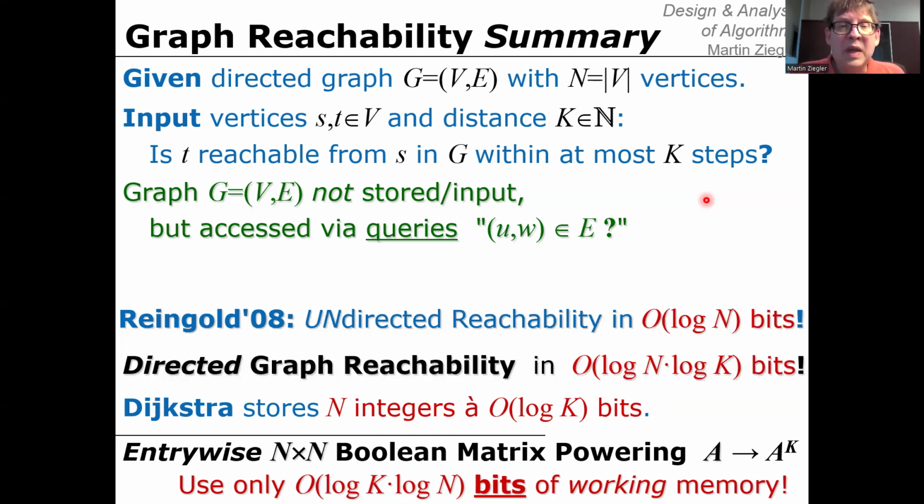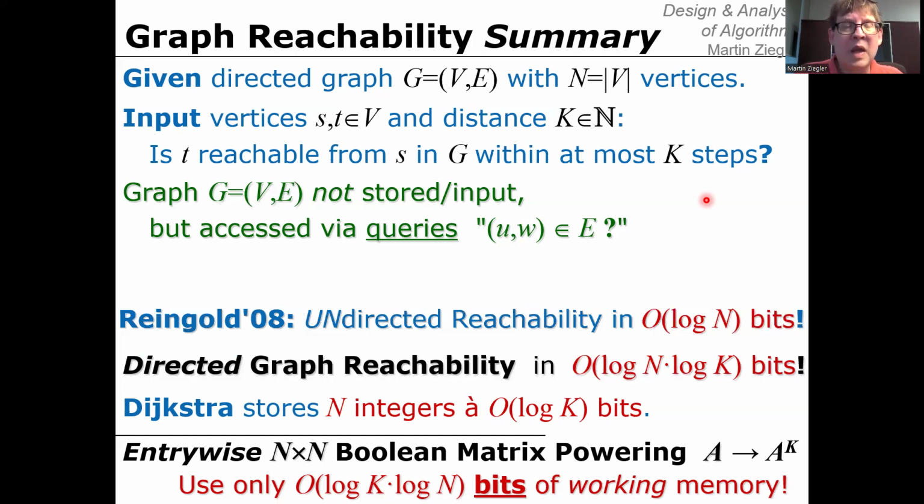But his algorithm works only for undirected graphs, for undirected reachability. So for undirected reachability, indeed, one can improve the memory consumption from log squared n to log n, but this algorithm and the underlying graph theoretic concepts are so involved that they go beyond the purpose of the current lecture.